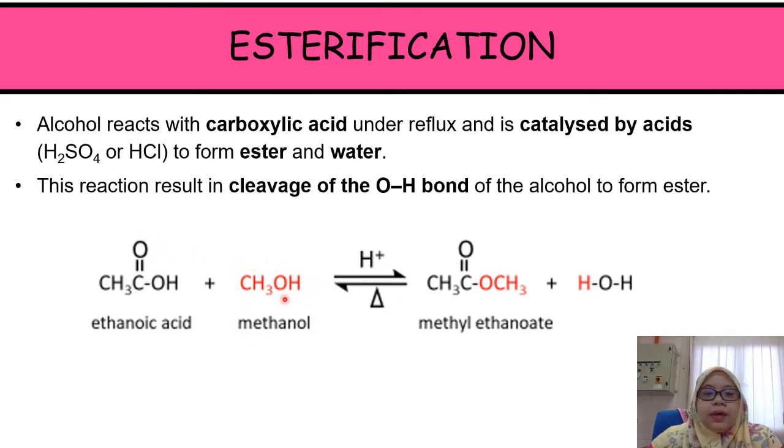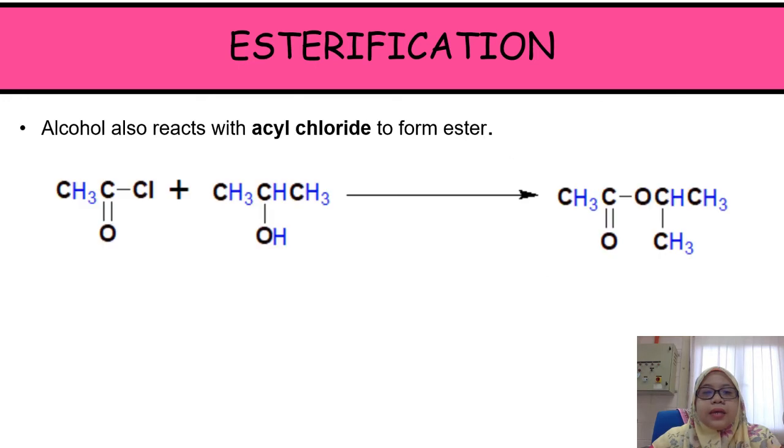The alcohol will break the OH bond, while the ethanoic acid will break the C-O bond, and then the carbonyl carbon here will bond with this oxygen from the alcohol, producing an ester. The OH from the carboxylic acid and the H from methanol will produce water. Okay, that is the esterification.